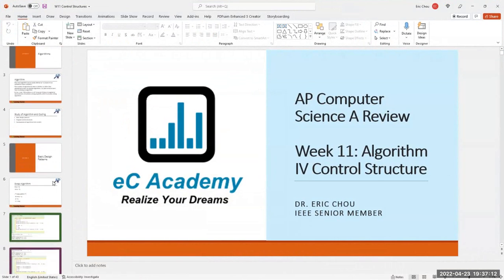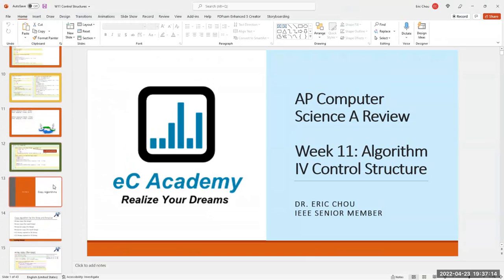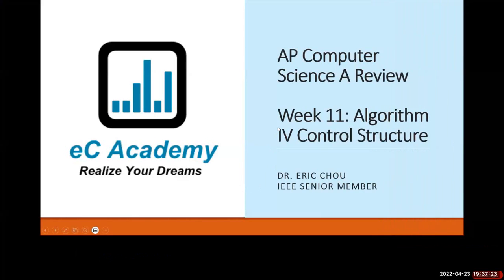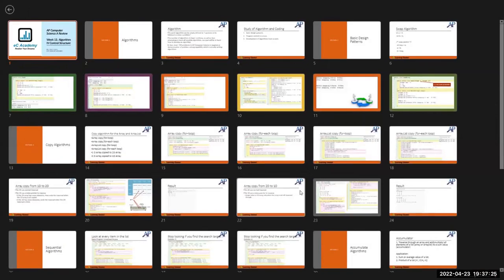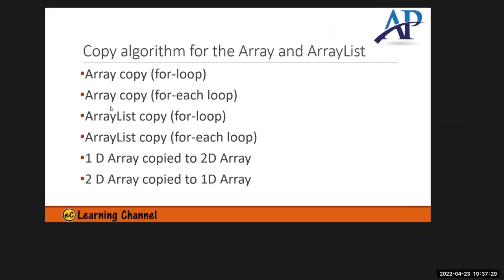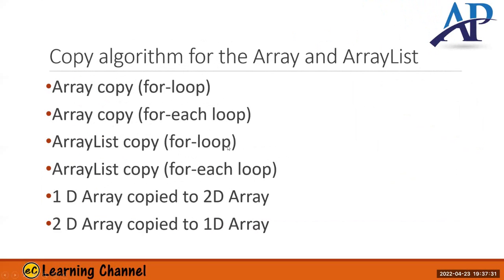So that is some of the problems we have worked on so far. There are copy algorithms. You can copy 1 dimension, 2 dimension, doing different ways to do traversal. You can copy an array to a different location, and then you have the 1 dimension to 2 dimension copy.